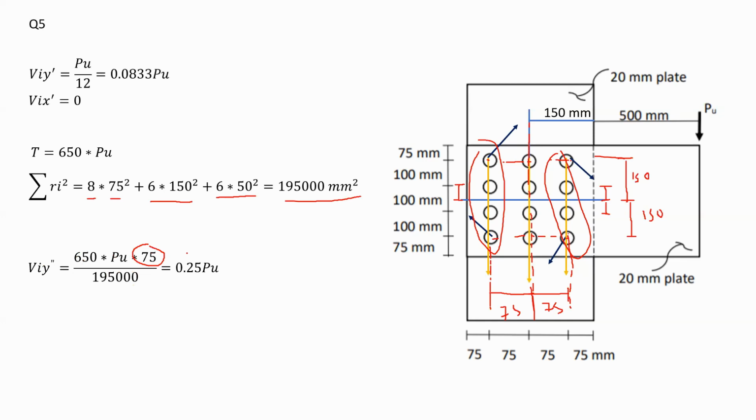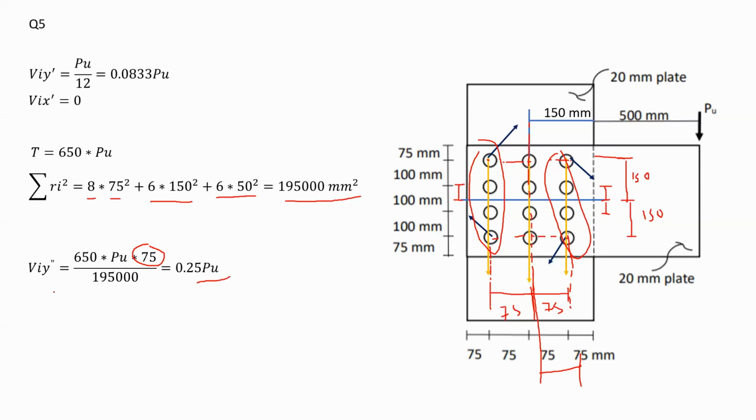What's that 75? It's the distance between the y-axis and the very far away bolt. So the very far away bolt is 75 millimeters. I substitute everything and I get VIy double dash equal to 0.25 Pu.